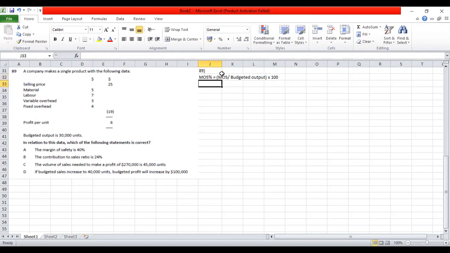But what is margin of safety? Margin of safety is equal to budgeted output minus break-even output. What is break-even output?